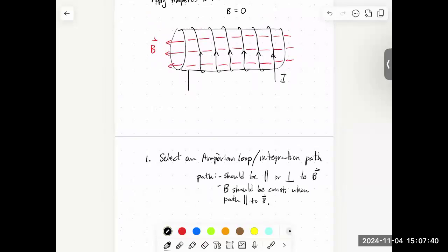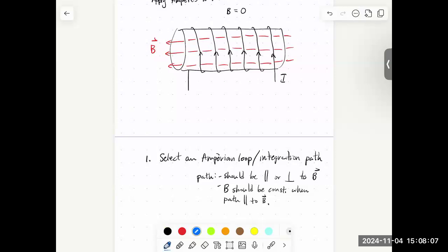So what kind of path should I choose for this solenoid? Well, my integration path, I'm going to do a line integral, so it has to be a loop. It has to be just a 2-dimensional loop. I can't have a 3D shape like a cylinder. Yeah, I could do that.